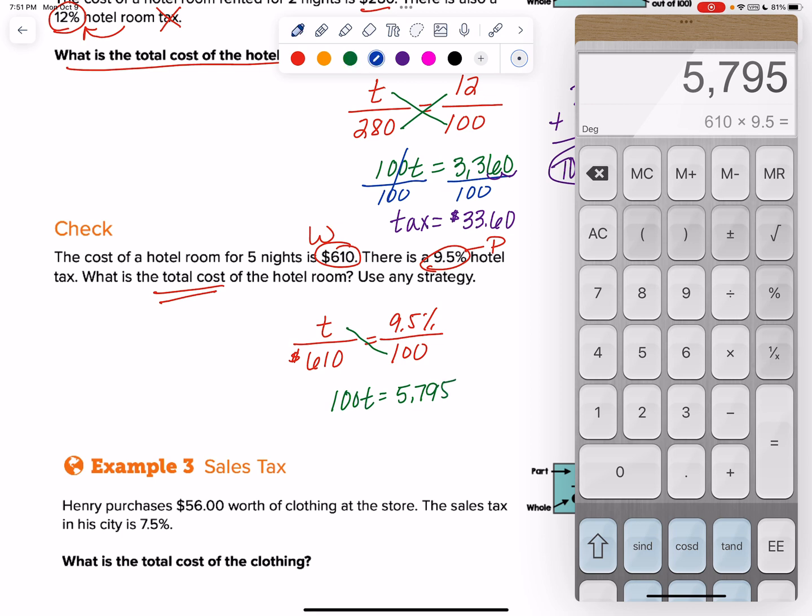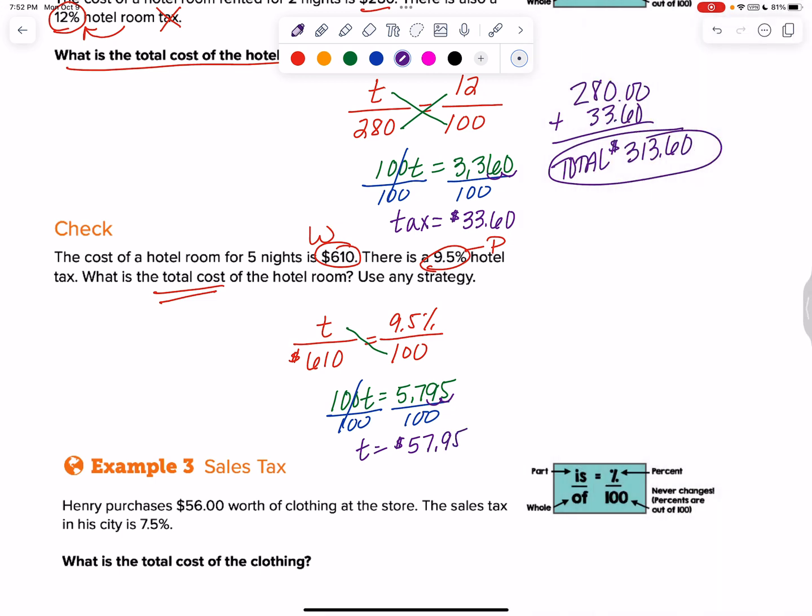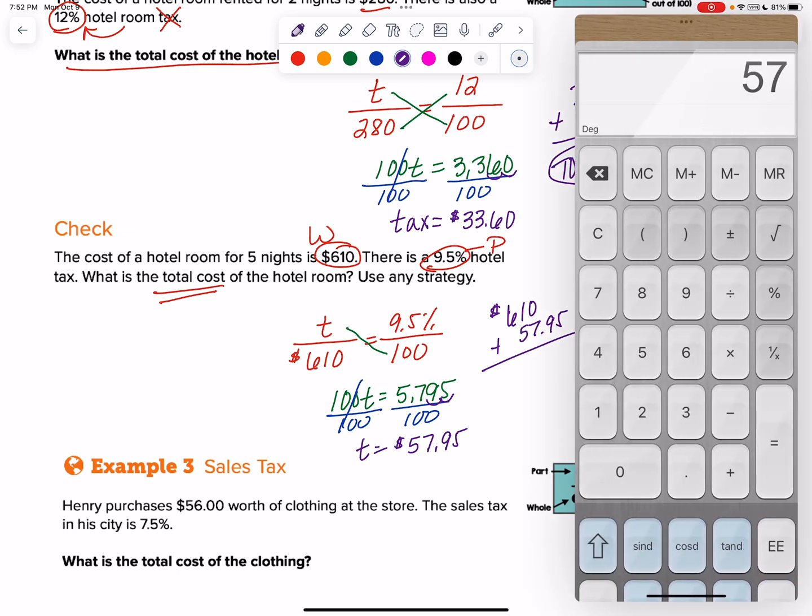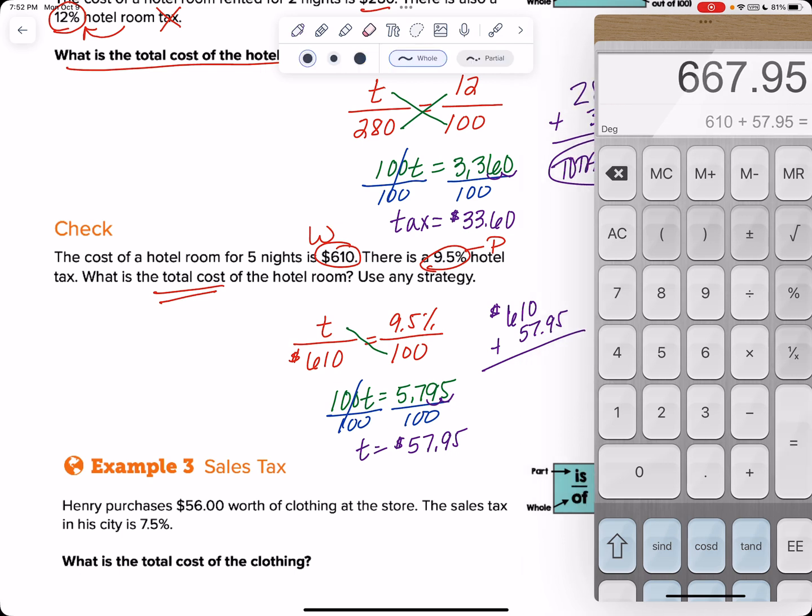And then, same as before, divided by 100. And we end up with t equals, swoop, swoop, 57.95. Okay. All right. So we take our $610, add it to the $57.95, and you get $610 plus $57.95 tax. What's your total bill?